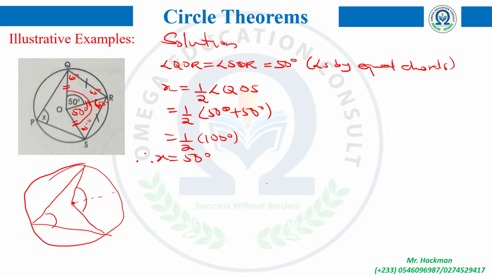So let's try that and see whether we end up getting the same result. I will say x plus 65 degrees plus 65 degrees, which will be the opposite angles of a cyclic quadrilateral. The entire angle here plus the angle here should give me 180 degrees. So we are going to get x plus this, which is 130, equal to 180, and obviously x will still give us 50 degrees, which is the same as this.